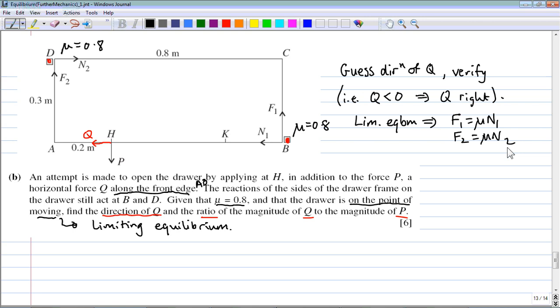That's just given as a fact. However, we cannot make the assumption, or we cannot deduce, that F1 equals F2 or N1 equals N2, because the situation is slightly different here. And the reason it's different is because the force Q acts along the same line as N1.